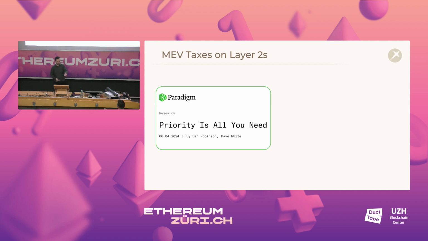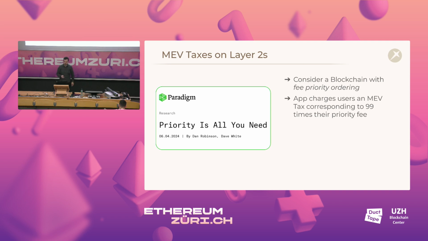It's research done by Paradigm researchers, called Priority Is All You Need. Consider a blockchain with priority fee ordering, like the OP Stack: Unichain, Base, all these OP Stack chains. These solvers compete against each other to get the MEV, so they send big priority fees to the actual layer 2 and get an ordering.